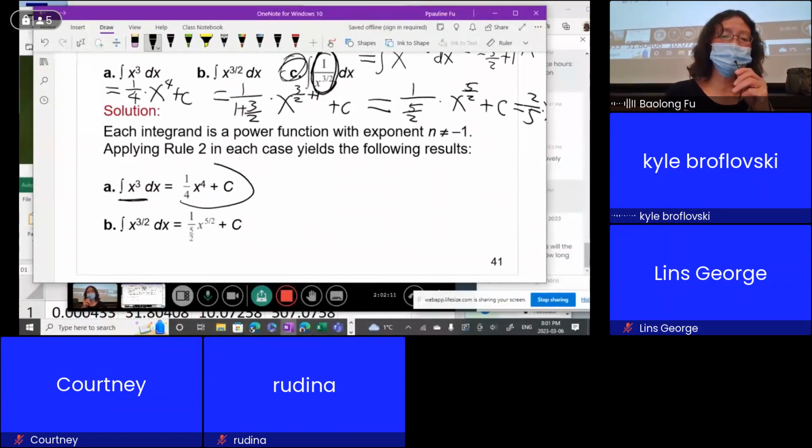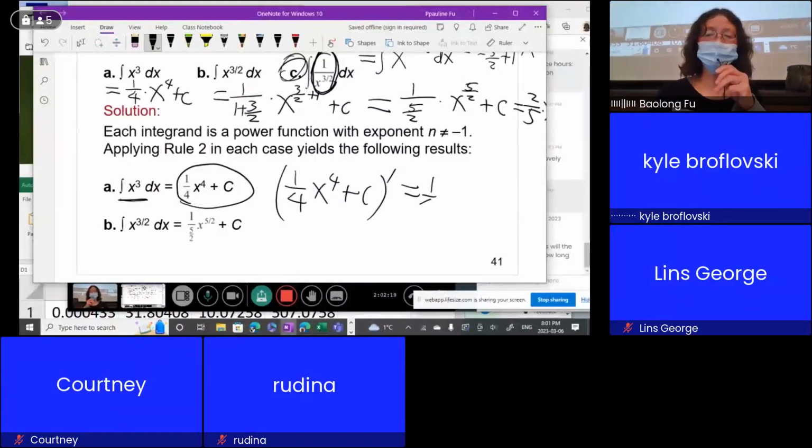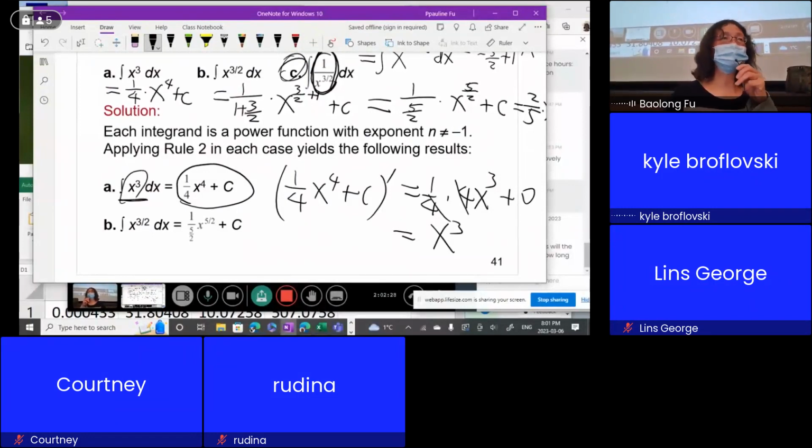How do you know if this is correct? You take the derivative of your result. The derivative of this equals x cubed, which matches the original function, so you are correct. This is the way to check integrals.